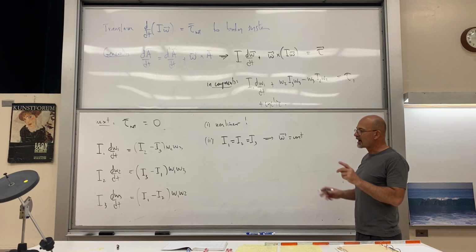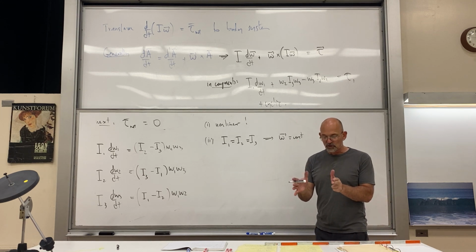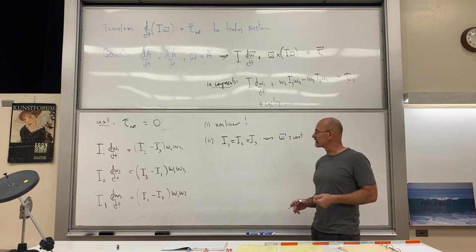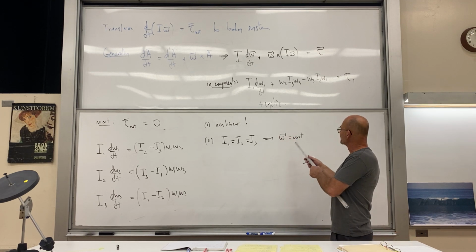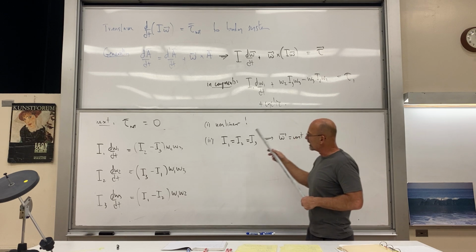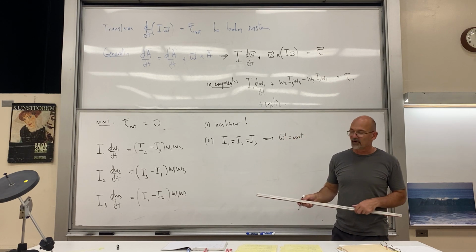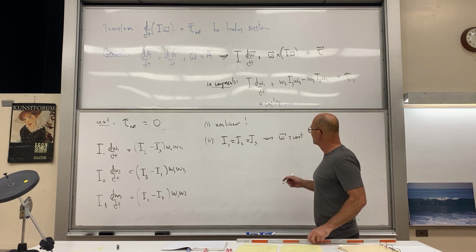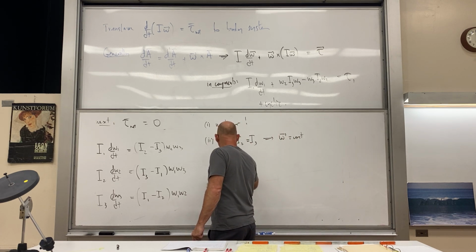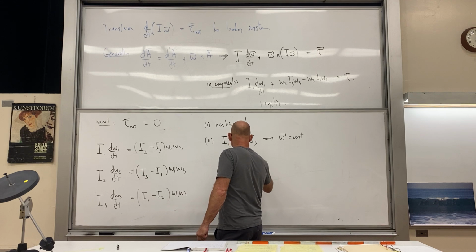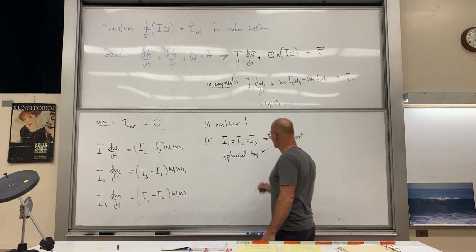So the spherical top isn't just a sphere. Remember the cube. The uniform cube is also a spherical top, and its dynamics are pretty basic because then omega is constant in the body frame, and then omega is going to be constant in the lab frame. So the force-free spherical top is very basic, and we've got that.